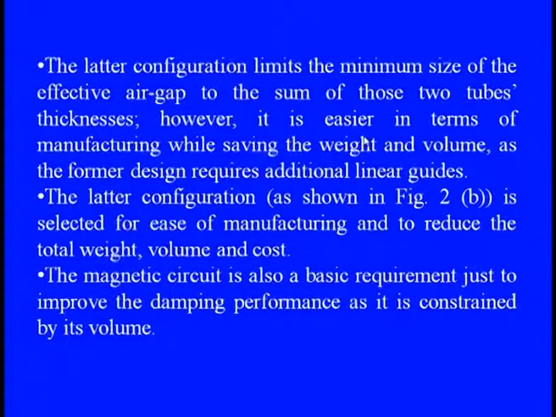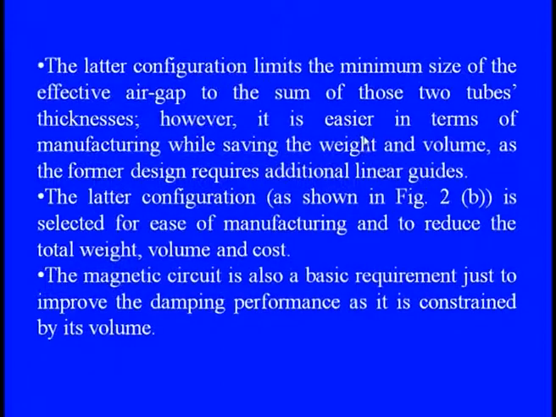The configuration which limits the minimum size of the effective air gap to the sum of those two tubes can easily be manufactured, and it can save weight and volume, whereas additional linear guides are required for supporting the entire annular feature.